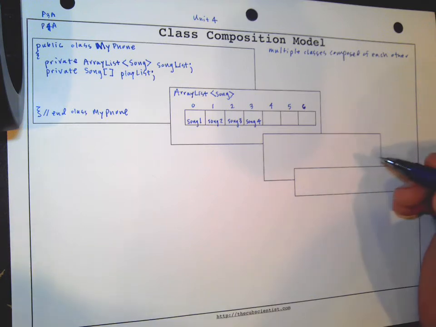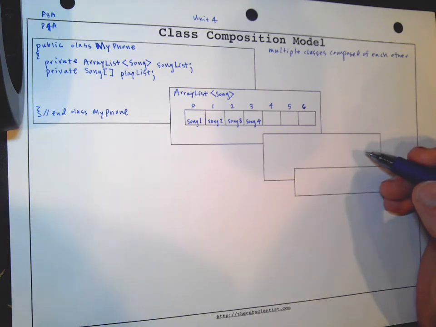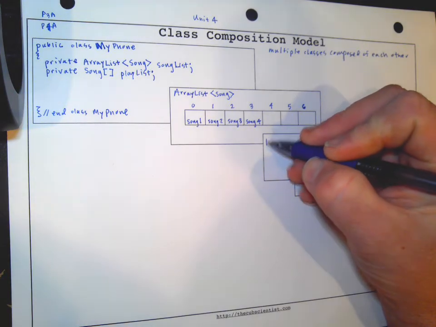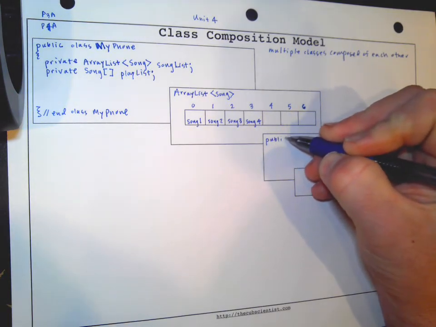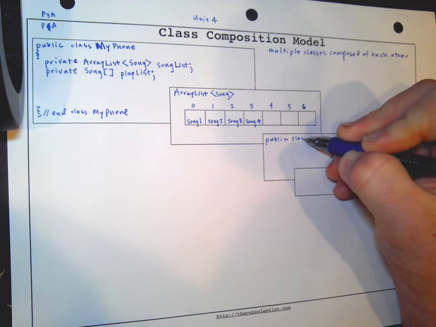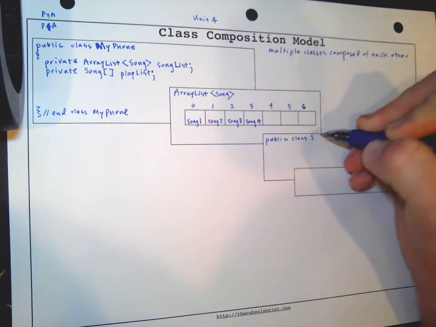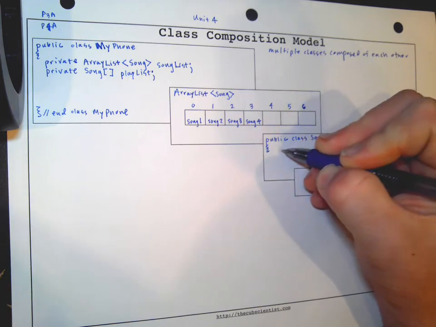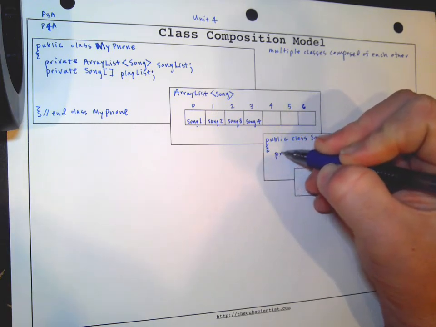But the spots are going to be 0, 1, 2, 3, 4, 5, 6. So now the songs, they're their own class, which we've created already. So we're going to make use of what we've done before. I don't know if we'll need to change anything or add anything for any specific stuff we're going to do. But we've already done this.